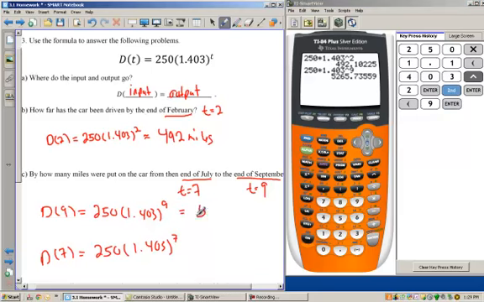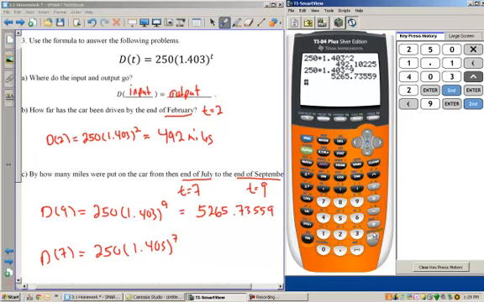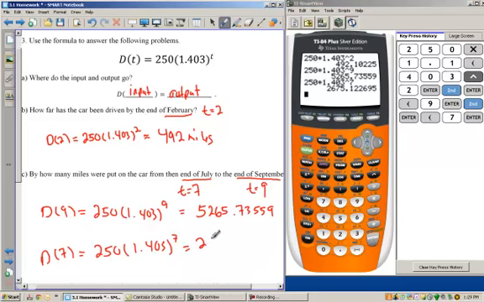And we get out 5,265.73559. And then when we plug in 7, again you can hit second enter, pull up the entry, replace the 9 with a 7, and we get this to be equal to 2,675.122695 miles.